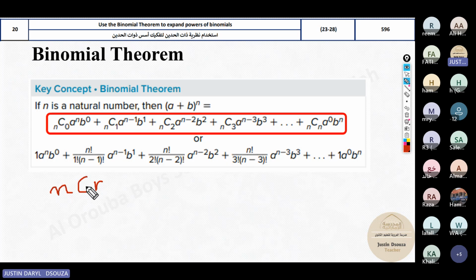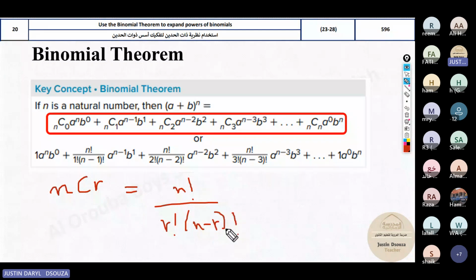Combination is something when any order or arrangement is not required. That's about probability, so I won't go into detail, but nCr is about combinations. The formula for this is always given by n factorial divided by r factorial into n minus r whole factorial.